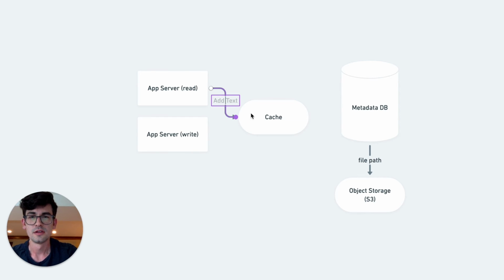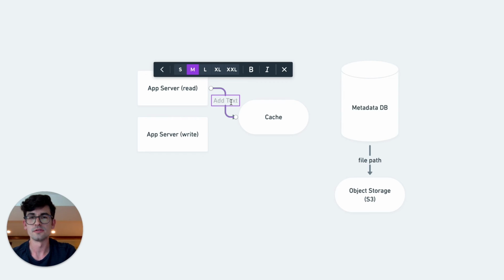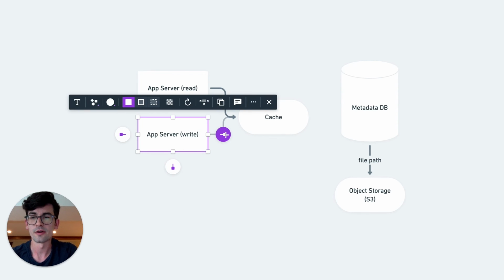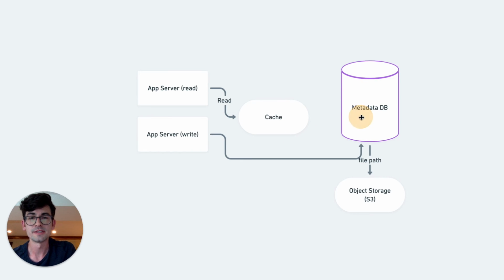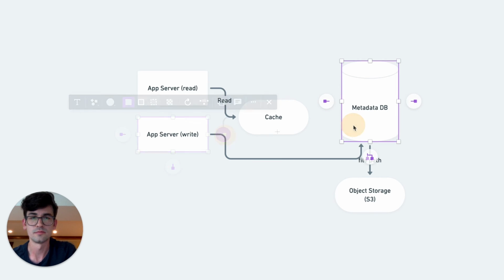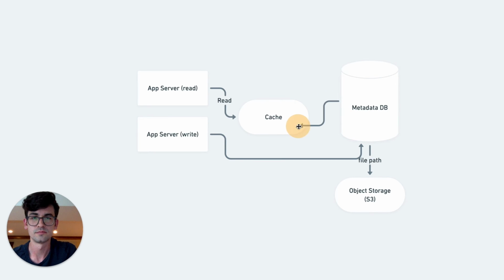And let's just mention that we're going to read from the cache here. And then on our write service, we're going to write to the database, and we're also going to update our cache in the process.